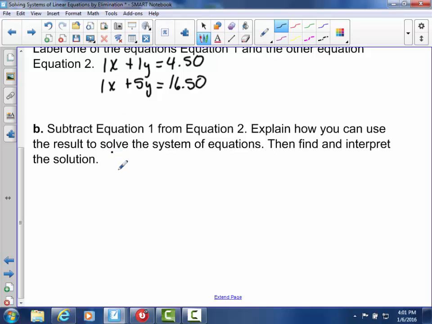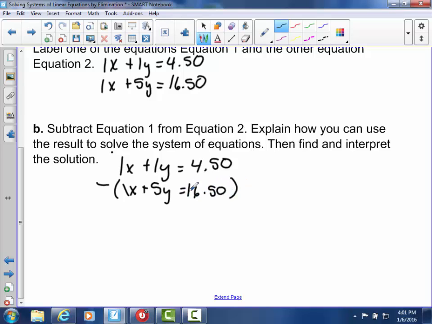Okay, I'm going to rewrite them over here. So if I subtract them, what's going to happen? Remember, I'm subtracting everything, the whole thing. So 1x take away 1x is 0. 1y take away 5y's is negative 4y.